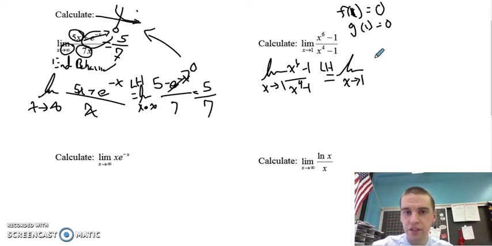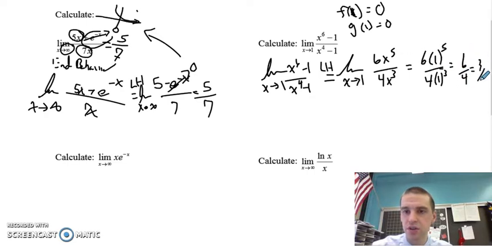Now take the derivative, 6x to the 5th over 4x cubed. And now what I can do is just plug in 1. 6 times 1 to the 5th, if you want to write that, 4 times 1 to the 3rd. I'm just going to get 6 over 4, which is 3 over 2.